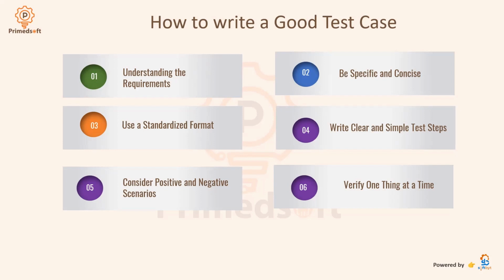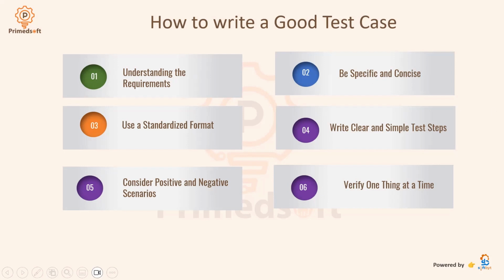It's negative because you are not expecting the invalid username to log in, right? Another negative is using an invalid password and valid username. And then another one is using an invalid username and invalid password, right? So that is it on considering positive and negative scenarios.